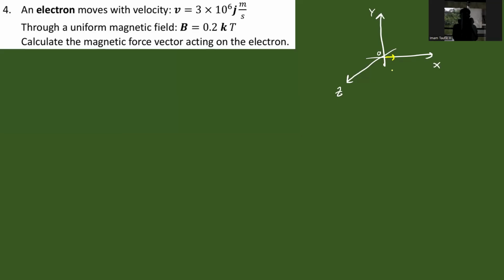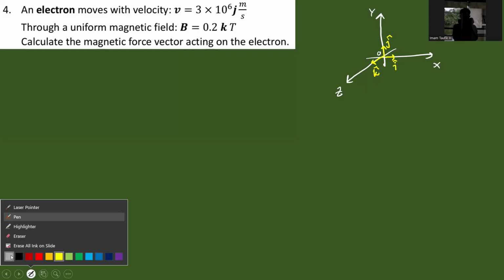Let's say for the x-axis, this is i hat, or i bold. For the upward direction, the unit vector of the y-axis is j hat, or j bold. Next for the z, this is k hat.